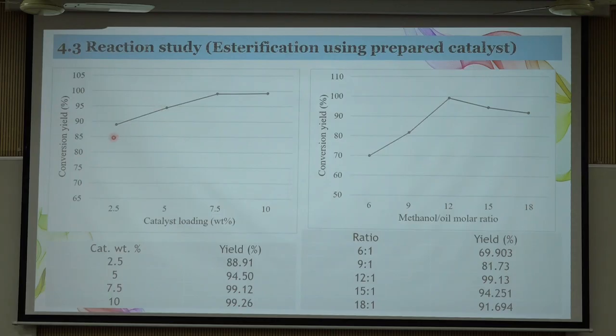We found that by using our own prepared catalyst, it can also effectively convert the biodiesel up to a conversion yield close to 100%, which is 99% at 7.5 catalyst loading, with the methanol ratio around 12 to 1.